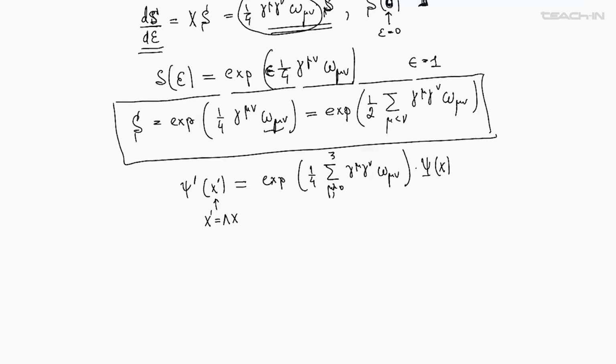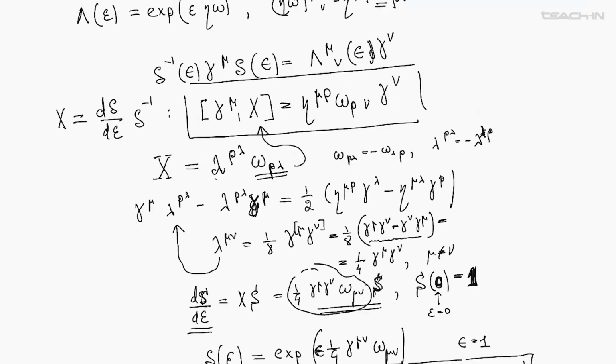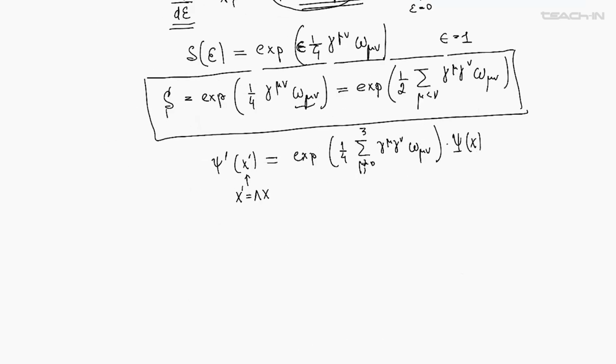So the answer we found is rather interesting. The first thing we can notice is that the matrices lambda mu nu, which feature in these Lorentz transformations, satisfy the following algebraic relation, which is the commutator of two matrices, say lambda mu nu and lambda rho sigma.